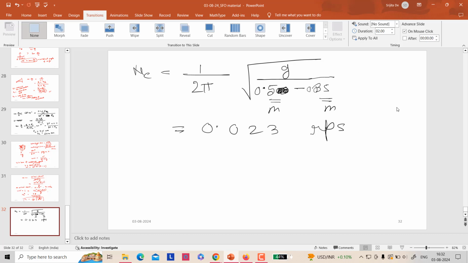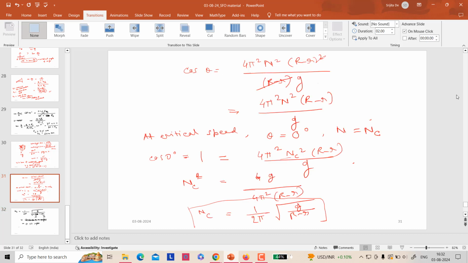So it is coming as 0.73 rotation per second, because in the expression also, NC is considered as rotation per second. So the answer is coming in rotation per second.